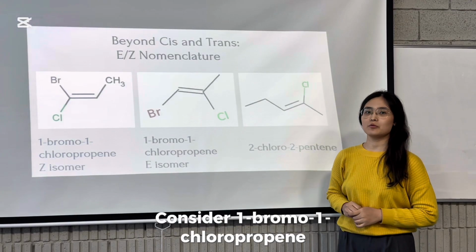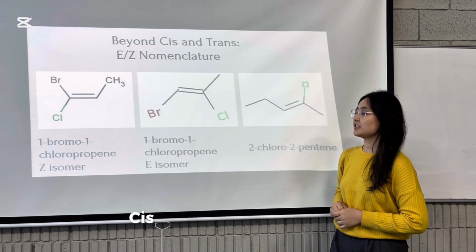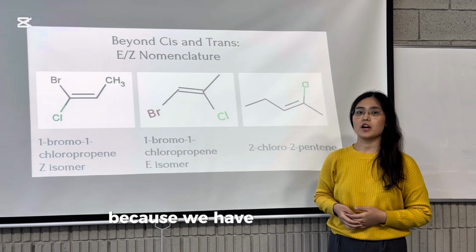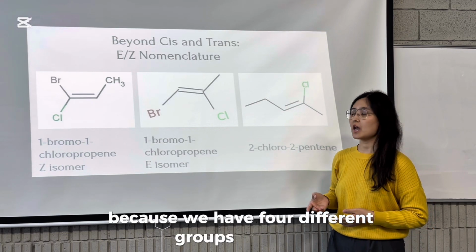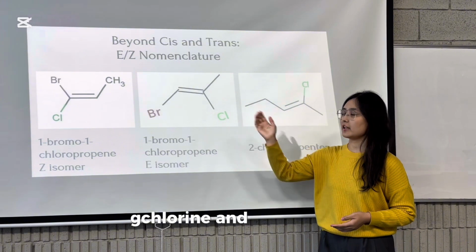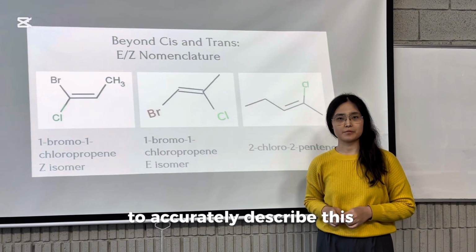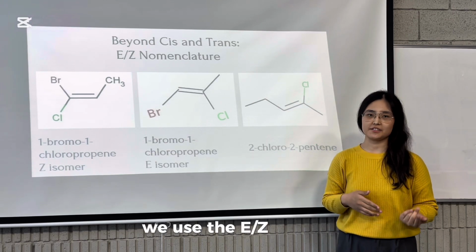Take 1-bromo-1-chloropropene. Cis-trans nomenclature is ambiguous here because we have four different groups: bromine, chlorine, methyl, and hydrogen. To accurately describe this molecule, we use the E-Z system.